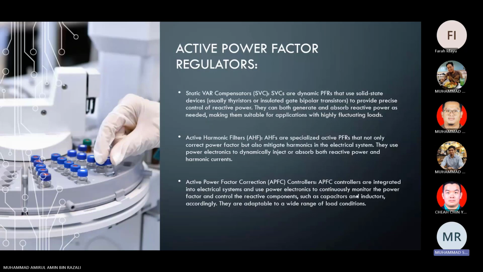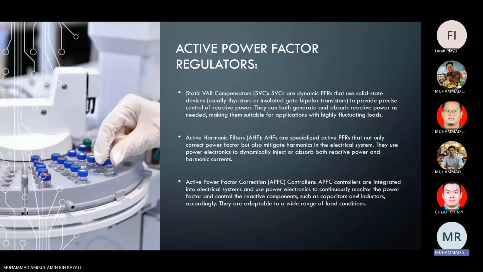Second, active harmonic filters. The AHFs are specialized active PFRs that not only correct power factor but also mitigate harmonics in the electrical systems. They use power electronics to dynamically inject or absorb both reactive power and harmonic currents.